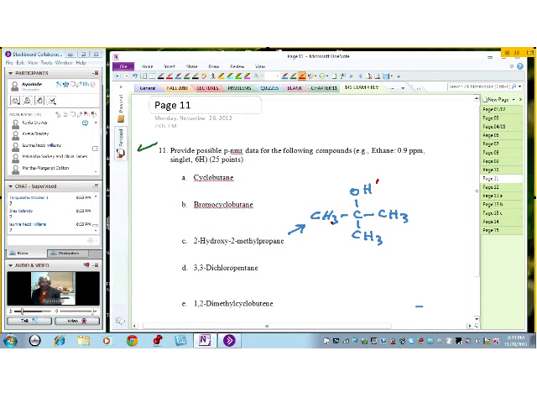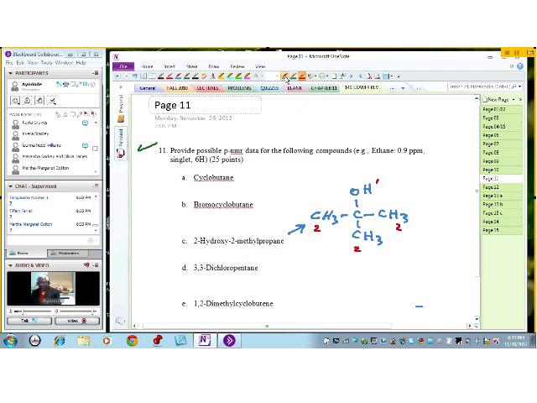And then all of the hydrogen on the methyl group are equivalent. Because this is symmetrical here, they are equivalent. Okay, so I will say 2 sets of hydrogen in this molecule. And so therefore, how many chemical shift signals do you expect in this molecule? 2. Very good.